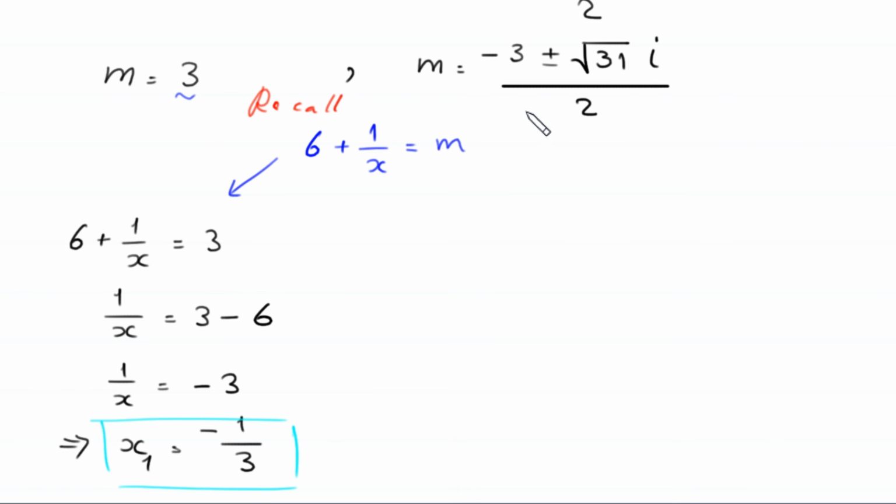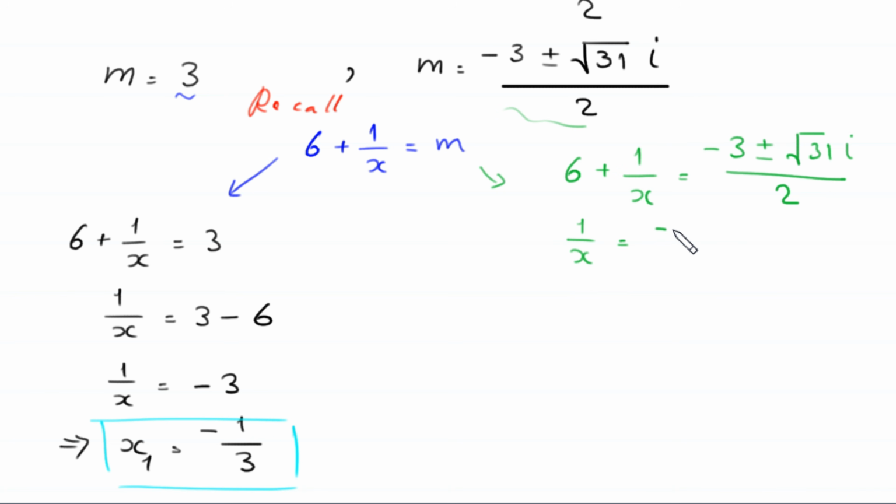Now when m is equal to this expression, then this equation will become 6 plus 1 over x is equal to negative 3 plus minus root 31i divided by 2. We move this 6 to the right hand side, then 1 over x will be equal to negative 3 plus minus root 31 times i divided by 2, and this positive 6 will become negative 6.